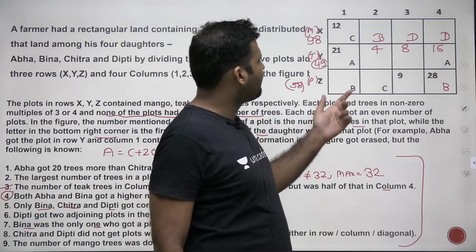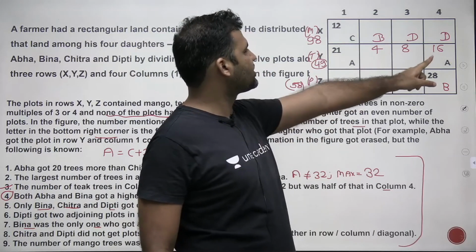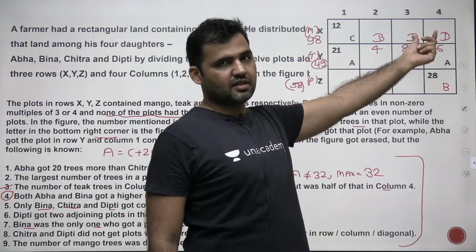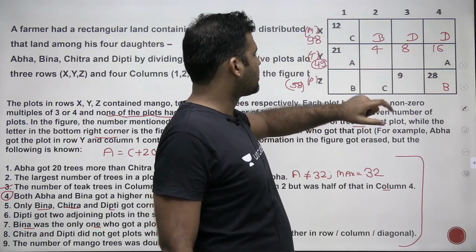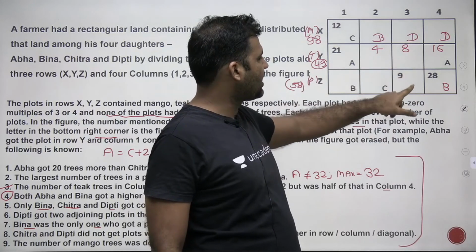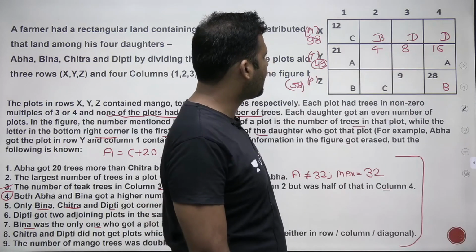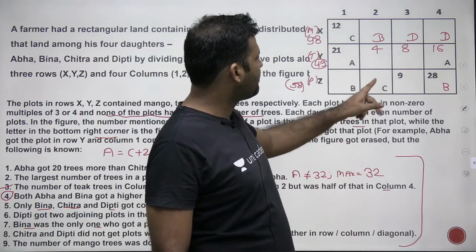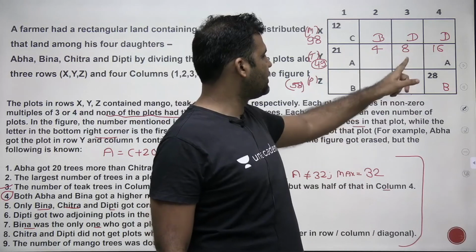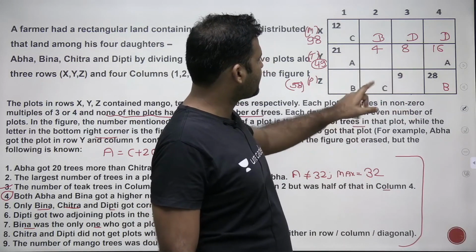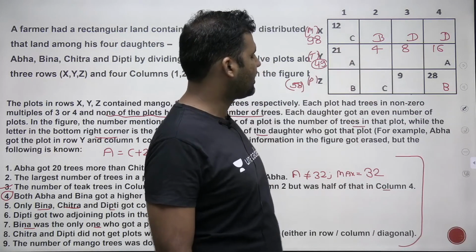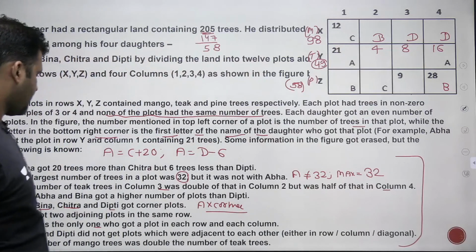So Abha must be getting more plots than Dipti, and we know that Dipti has got these two plots. So Abha must be coming at any of these 3 regions, right? One of these 3 regions will definitely belong to Abha. And also B will definitely be coming at any of these 2 places. Now C has got 2 plots till now. Okay. Right.